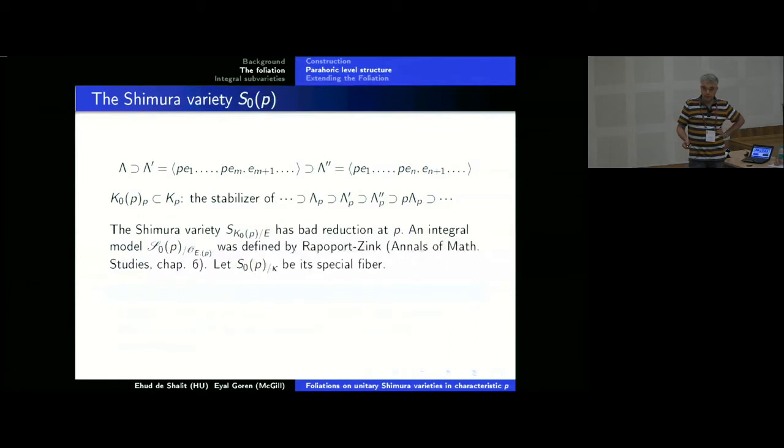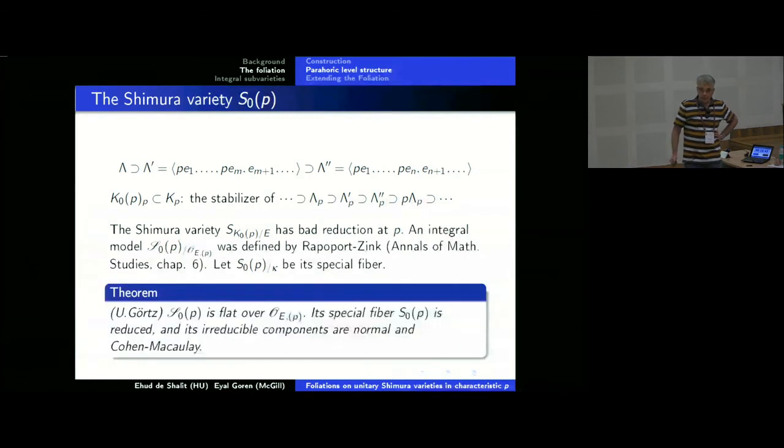And Rapoport-Zink, in chapter 6 of the famous book, worked out an integral model for all parahoric level structures, in particular for this one, and I denote, as usual, by script S_0(p) the integral model, and by S_0(p) over kappa its special fiber. And this now becomes very subtle. It's singular, it has several components, this special fiber, several irreducible components, but Görtz, nevertheless, proved the following theorem.